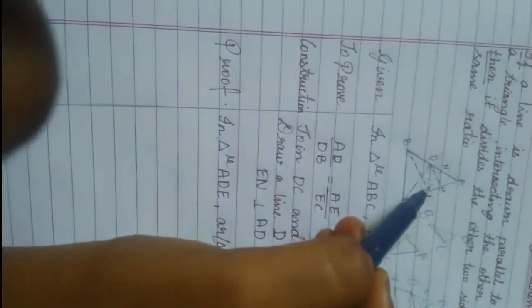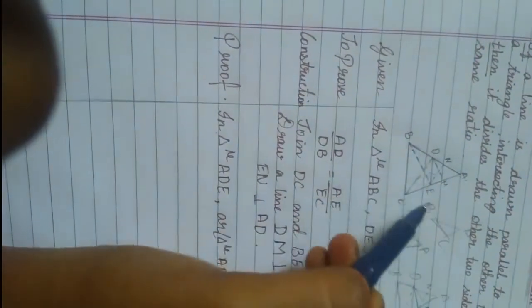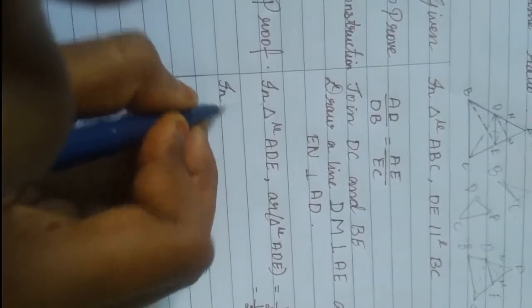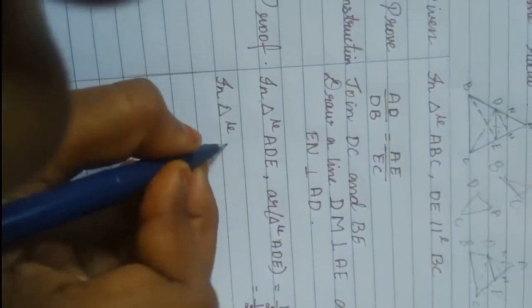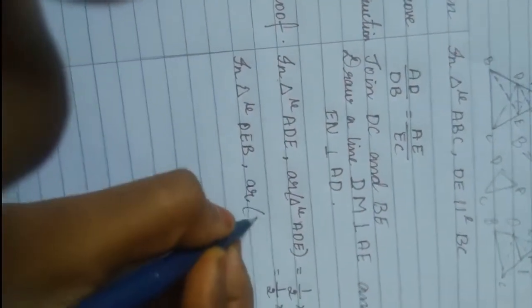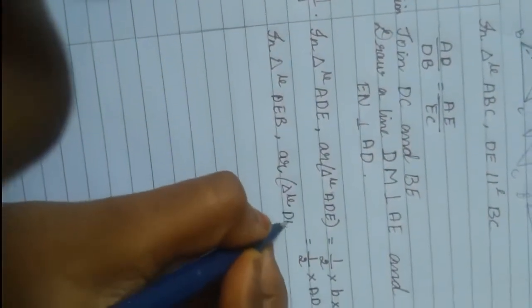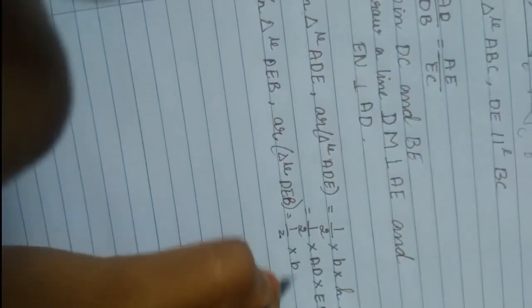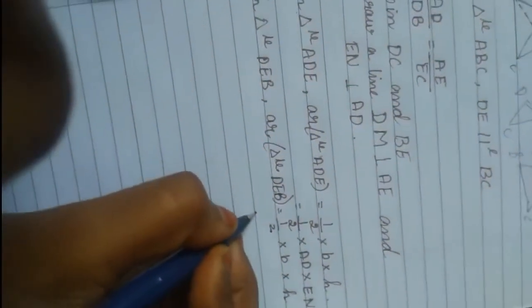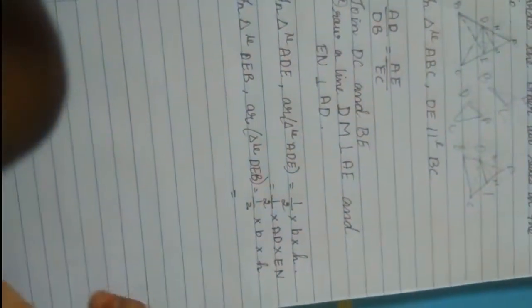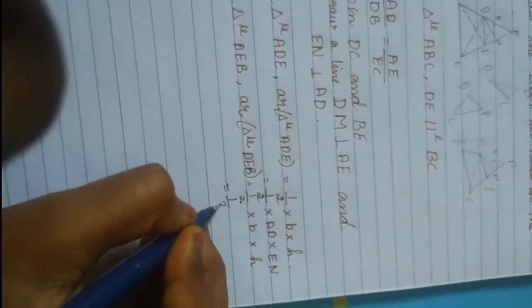Next, we have completed one triangle. Next triangle we can go DEB. In triangle DEB, area of triangle DEB is equal to half into base into height. The same formula. The formula of finding area of triangle is half into base into height. The same way you'll use.